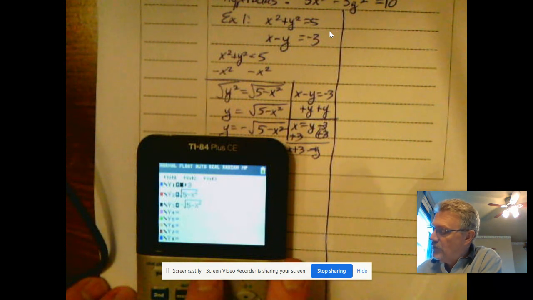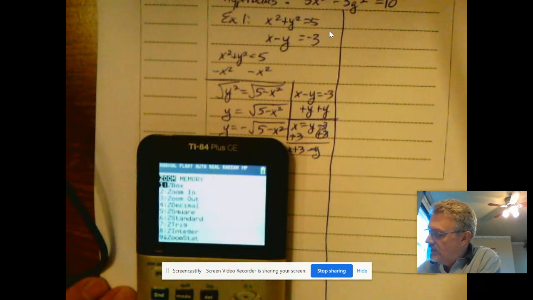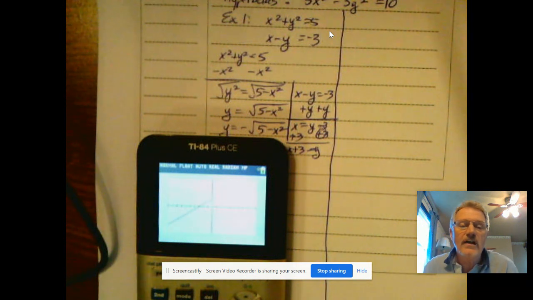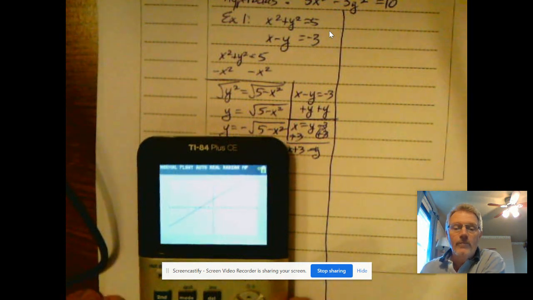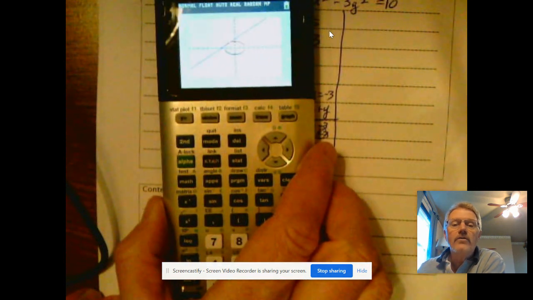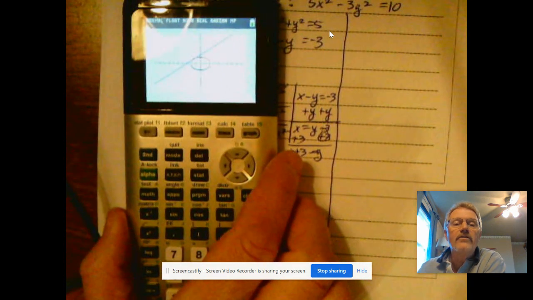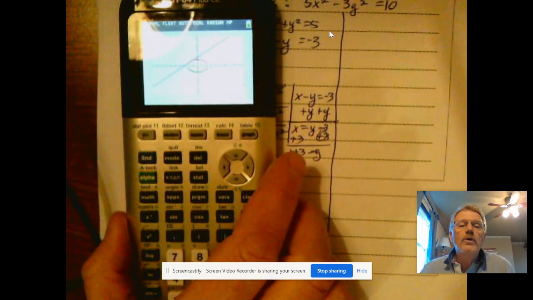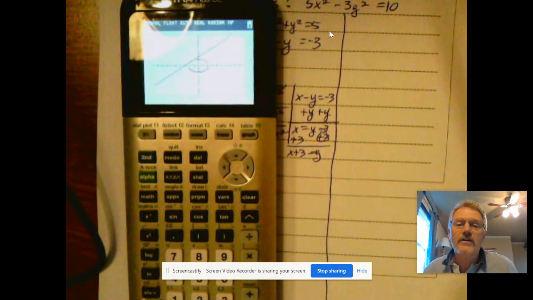If we push zoom 6, that takes us back to our standard window, just in case we were doing something different before. I'm trying to find a place where this is going to show up well, and there isn't one. But if you look closely at your calculator screen, that line does actually go inside that circle.